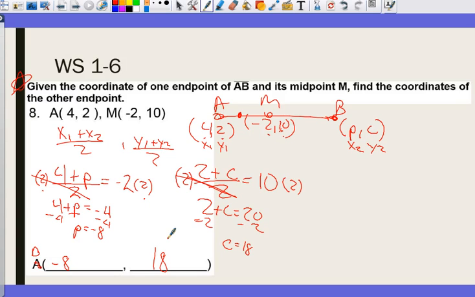Okay. First off, let's figure out what you're even trying to figure out. You have this point here, and we know this is our midpoint. This is A, this is your midpoint. Where does B have to go for this to be the midpoint? But where specifically? You should be able to figure it out.